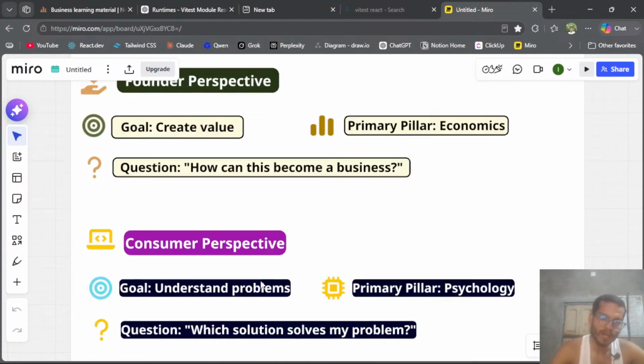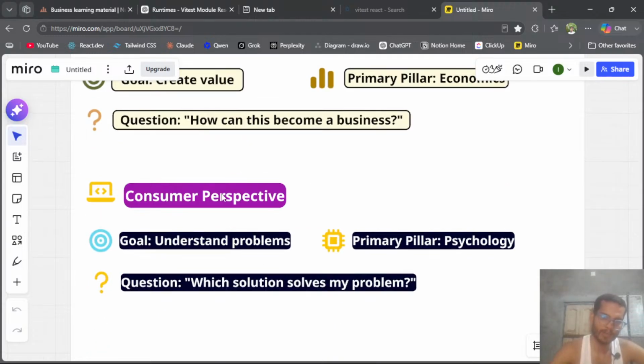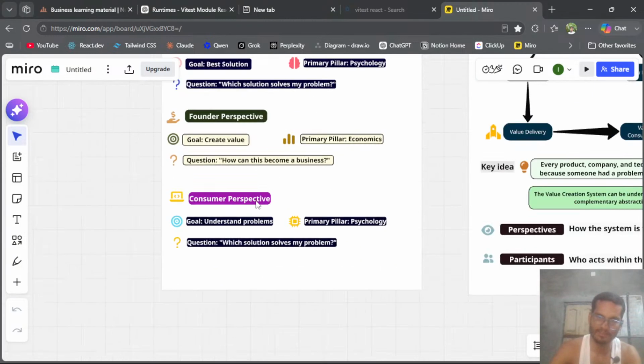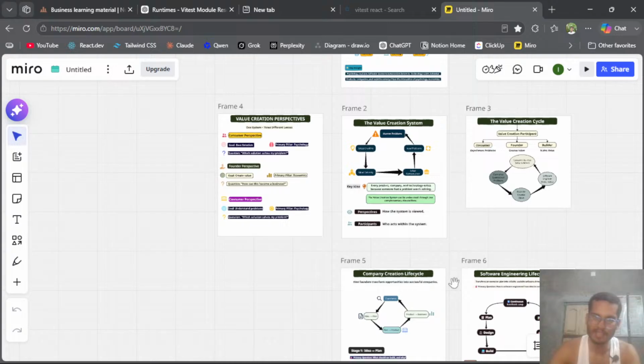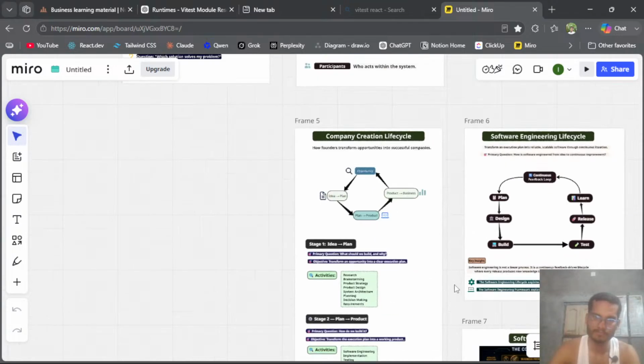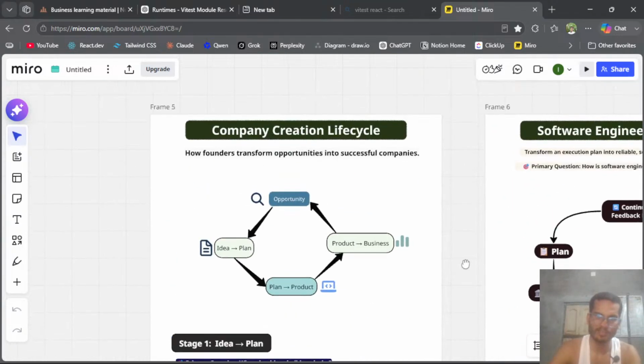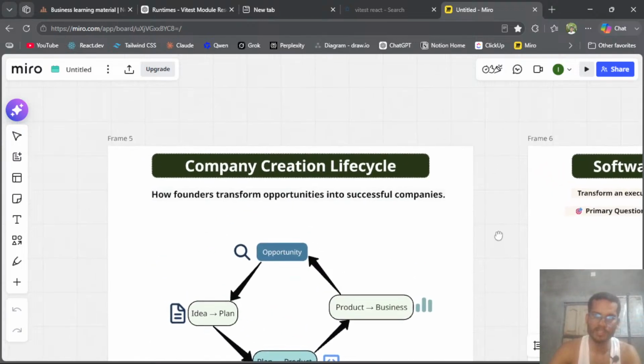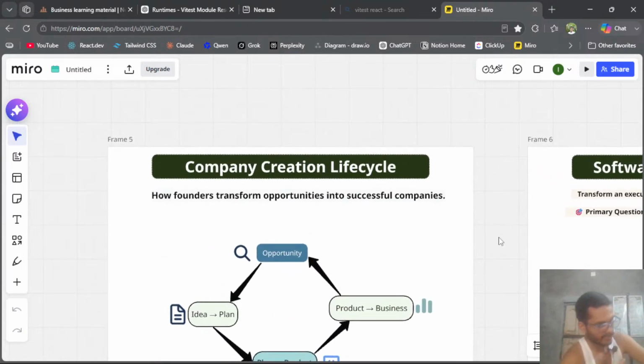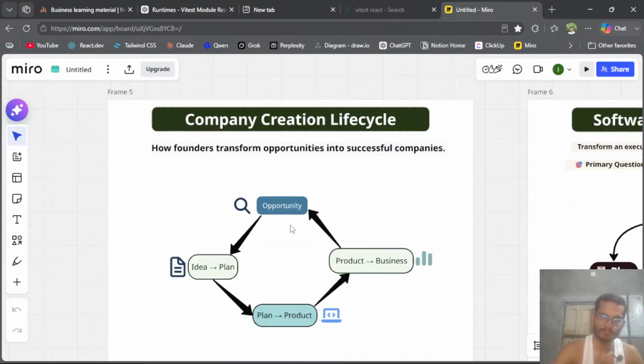So now to understand this founder perspective and developer perspective, we have another thing. Let's understand company creation. Now you have to create a company because in this world we are organized in everything. So you need a founder perspective, right?